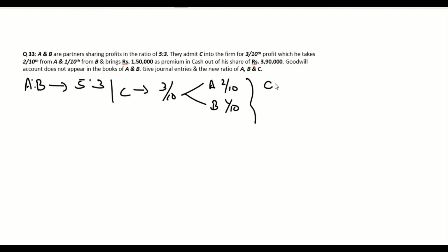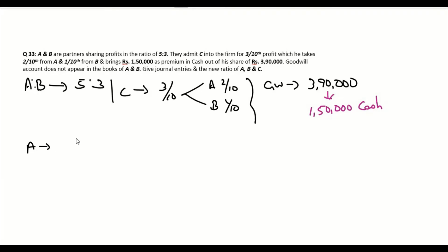Goodwill that C has to bring is 3,90,000 rupees. But out of this he is bringing only 1,50,000 rupees in cash. Now we need to calculate the new profit sharing ratio of A, B and C.